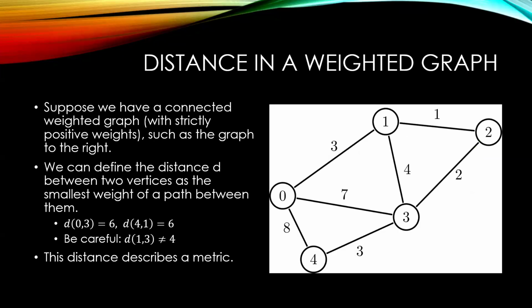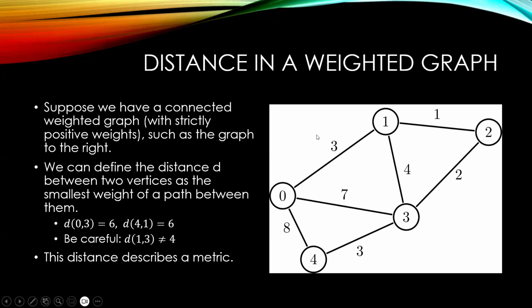How about in a weighted graph? Suppose that we have a connected weighted graph with strictly positive weights, such as the graph to the right. We can define a distance d between 2 vertices as the smallest weight of a path between them.